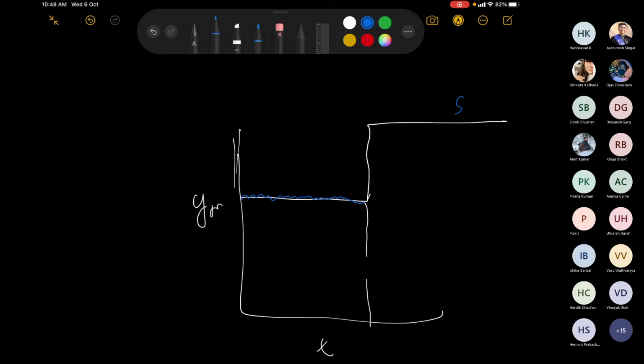So what happened to the error? If you plot the error over here, error would also do a big jump. As a result, this much effect would go to Kc times dE by dt. This will be very large.